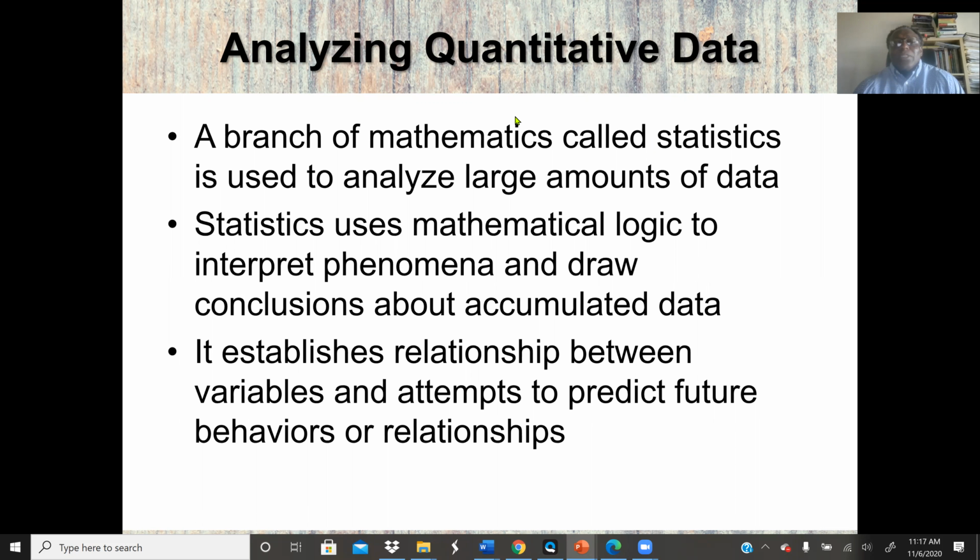So, analyzing the quantitative data, here we start with the definition of statistics. A branch of mathematics called statistics is used to analyze large amounts of data. Statistics uses mathematical logic to interpret phenomena and also draw conclusions about accumulated data. We have two main branches: descriptive statistics and inferential statistics.